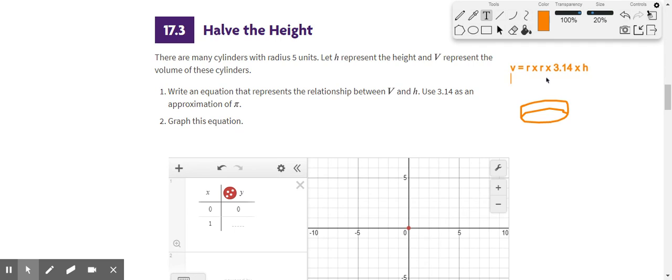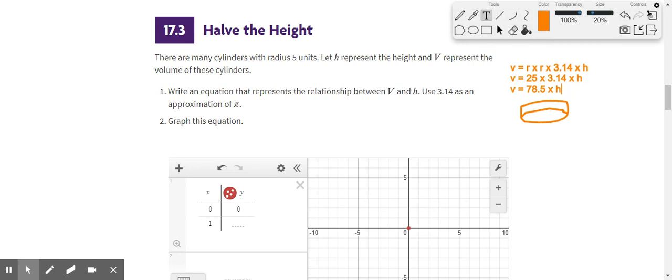And when I multiply those together, the 5s, I get volume equals 25 times 3.14 times the height. If I simplify that further, the volume is 78.5 times the height.